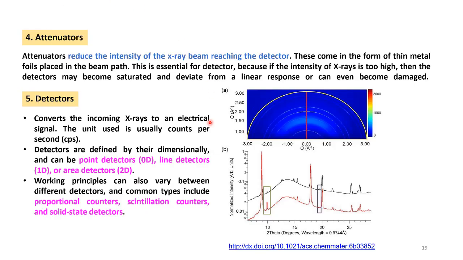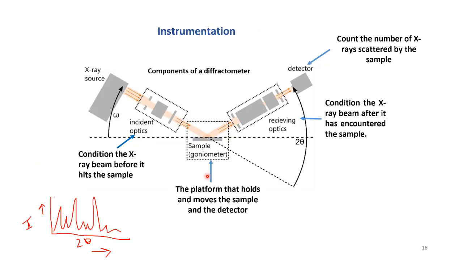Suppose here, as we are directing the incident X-ray on the sample, most of the incident ray will try to scatter back, because not every wave will interact with the sample. But we want to check very small interaction with the sample. So in that case, we need to put an attenuator in, so that we do not get a very high intensity because of the incident ray.